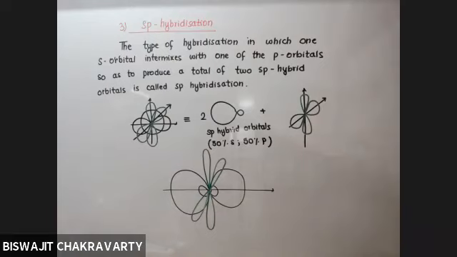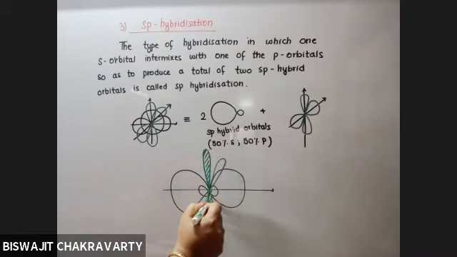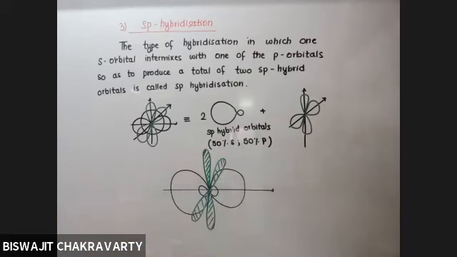The green ones are unhybridized or pure p orbitals. They may or may not contain electrons in them, and that will be clear when we go to the individual examples. If they contain an unpaired electron, they will be responsible for pi bond formation. And if they do not contain any unpaired electron, they will be of no use.